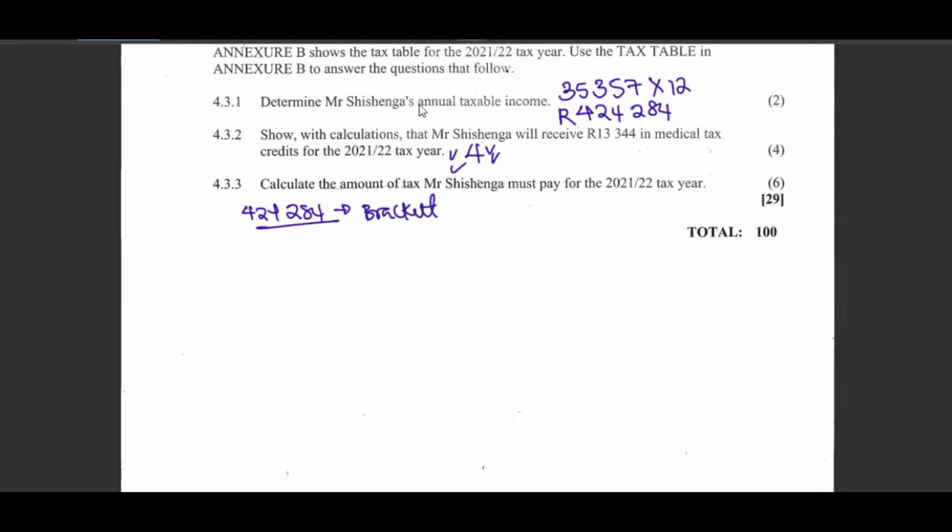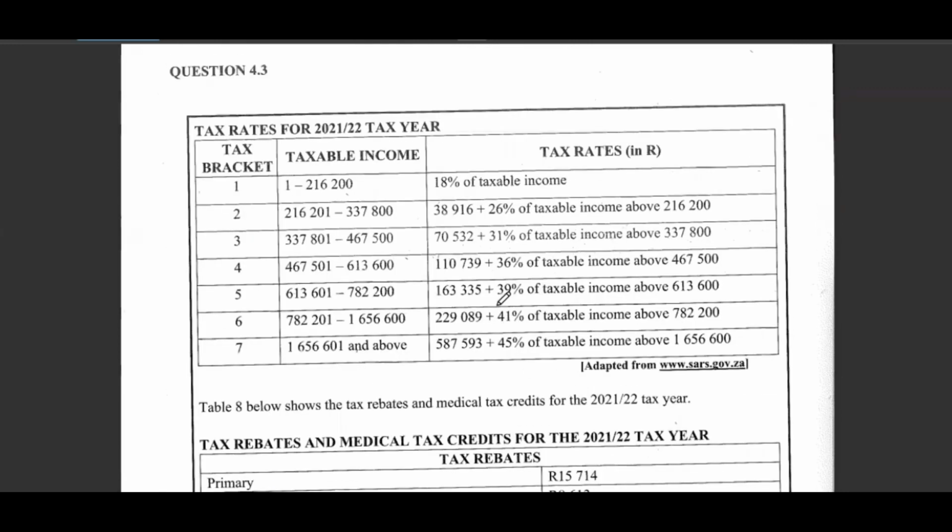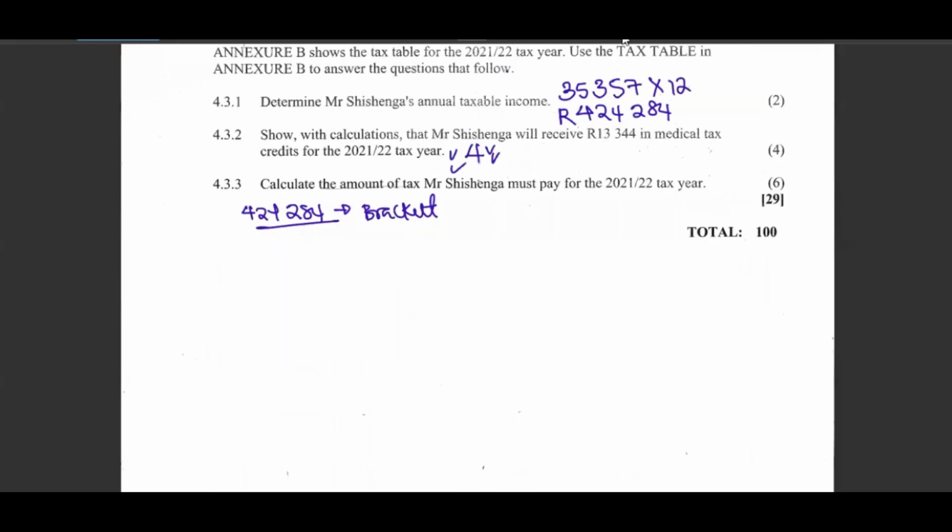Let's go and check the bracket. So it's in bracket number 3.